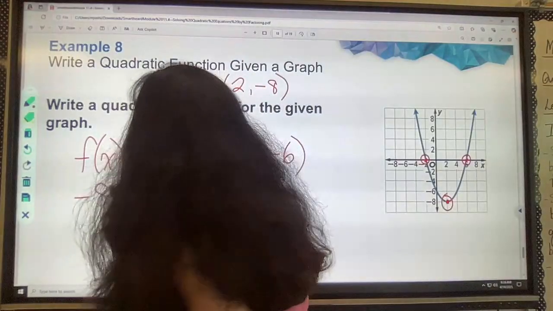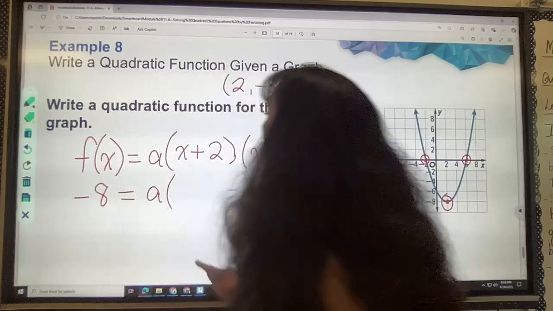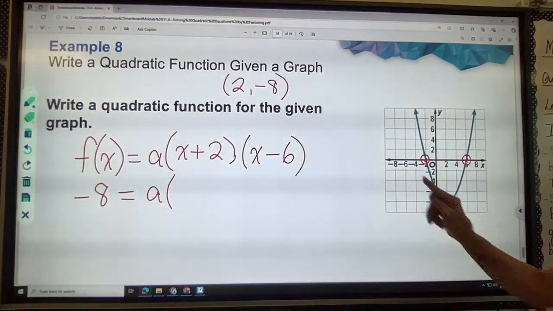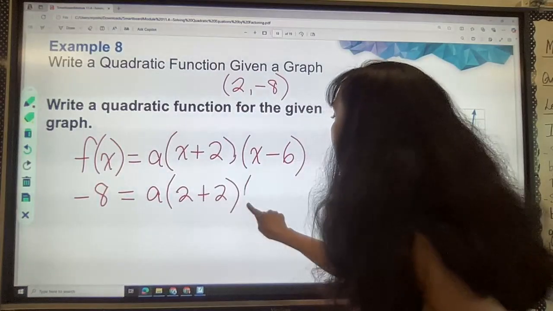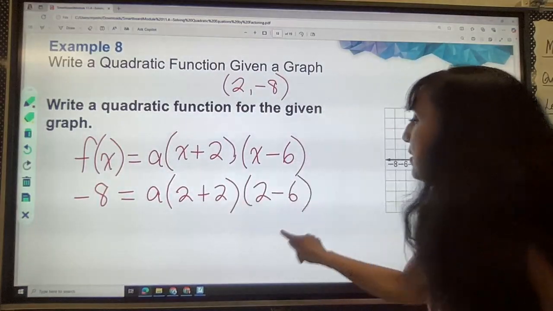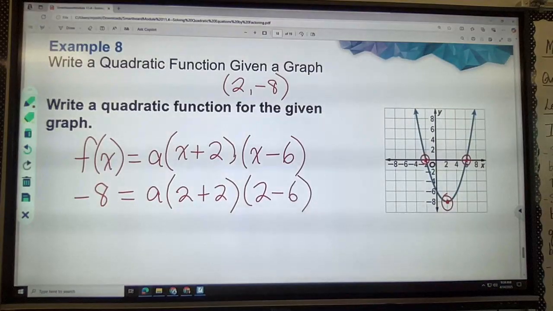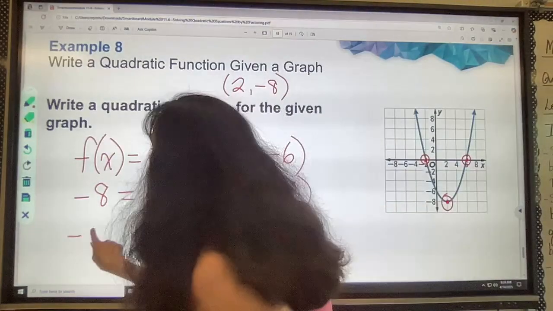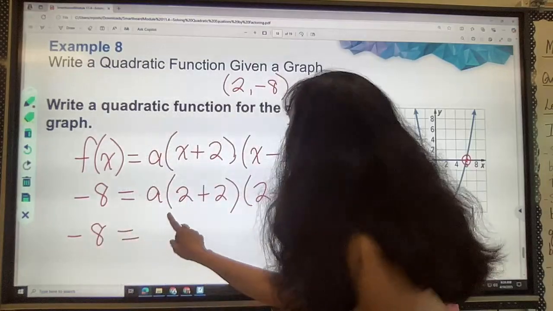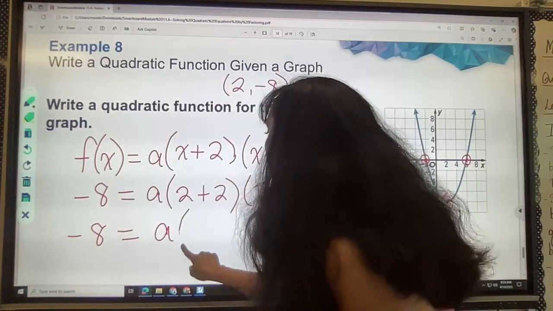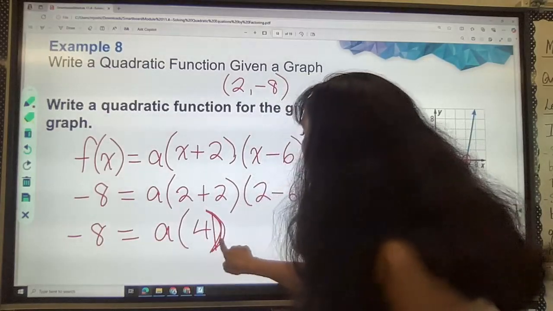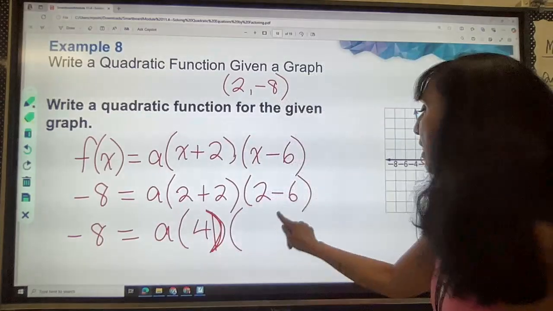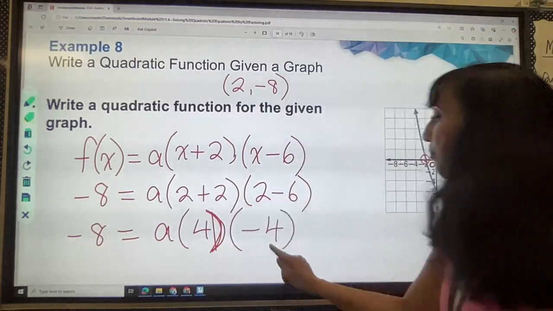So what is y? y is -8 is equal to a. What is x? x is 2 over here plus 2, and I have 2 minus 6. So then I'm left with negative 8 is equal to a, and I have 4 over here, and I have negative 4.